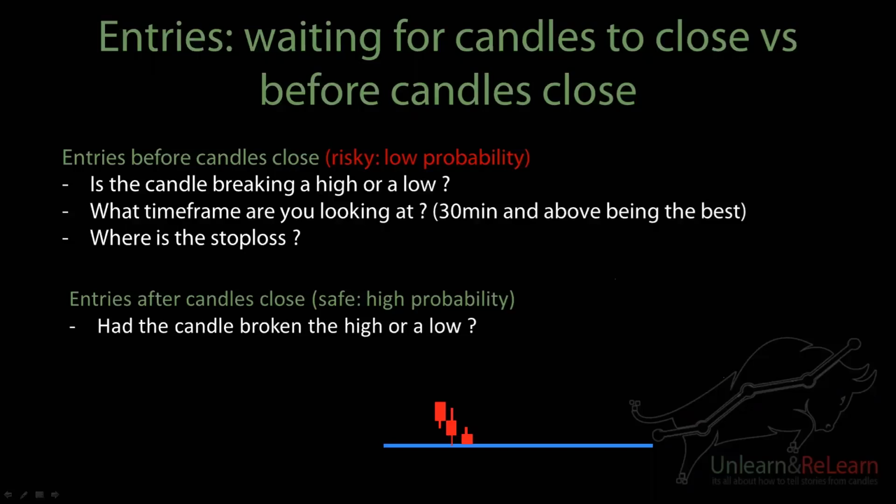Then the next candle starts forming and starts breaking the high of the previous candle. Before, the trend was bearish, making lower highs and lower lows, and now this candle is starting to break the high of the previous candle.